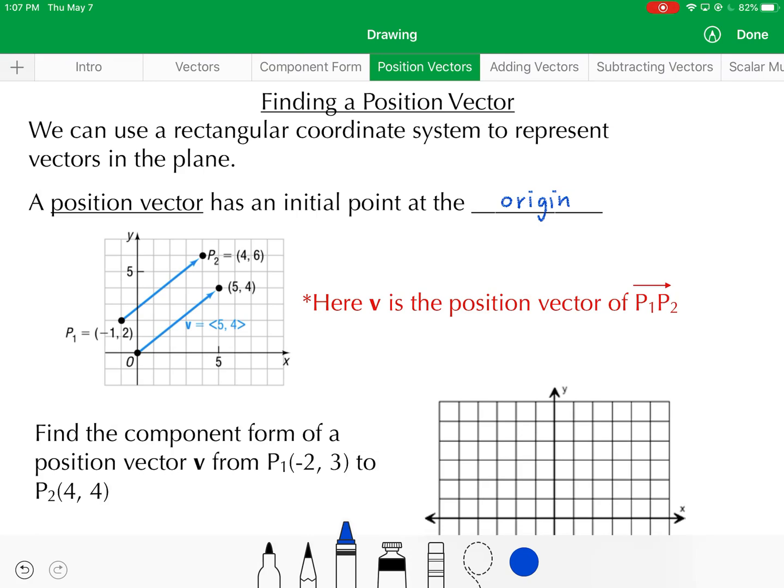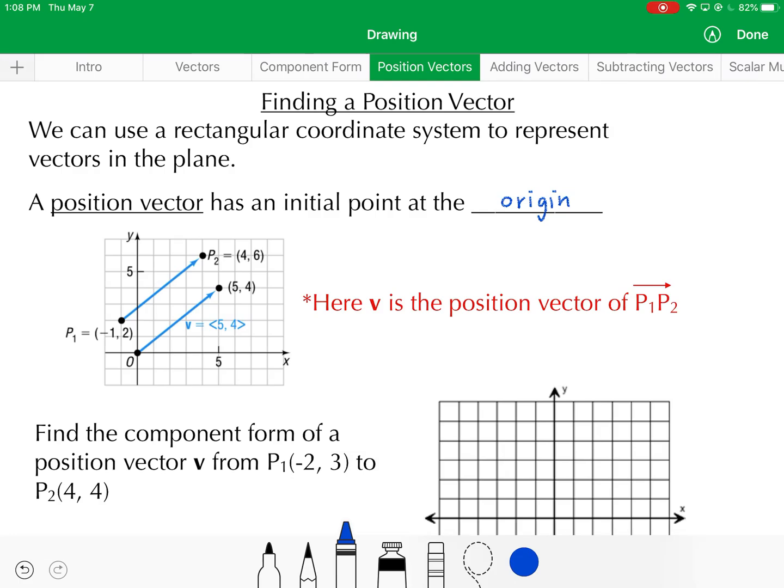So notice vector v, its initial point is at the origin. And then notice it has the same horizontal and vertical components as the vector traveling from point 1 to point 2. Also notice that the terminal point for vector v is 5, 4. Those numbers match the components of the vector.